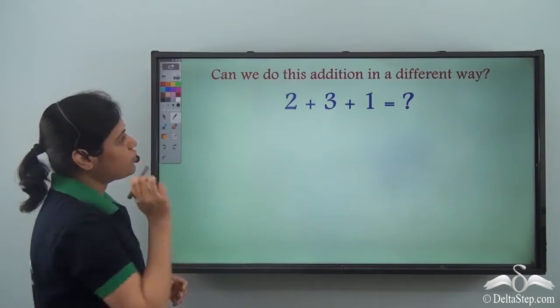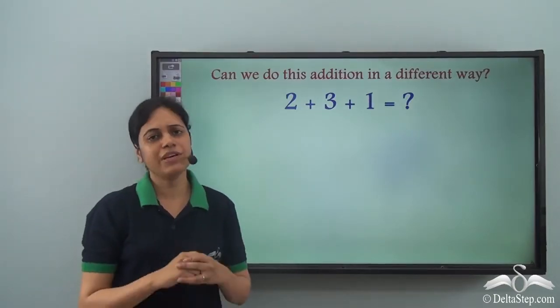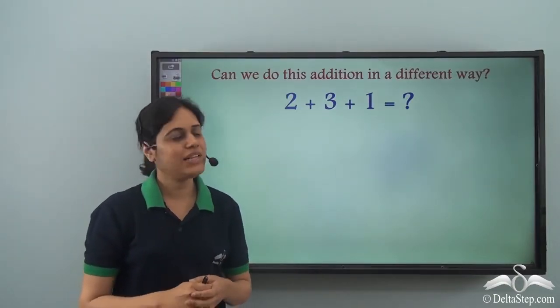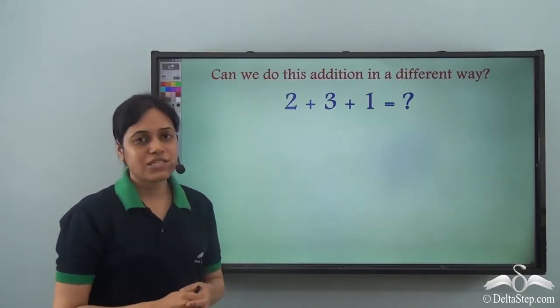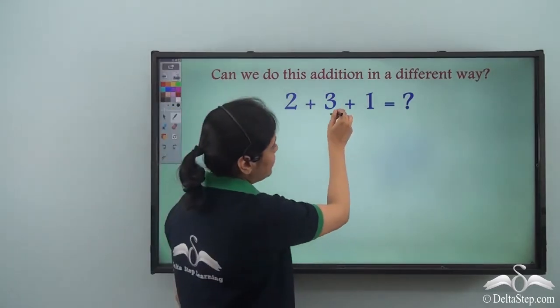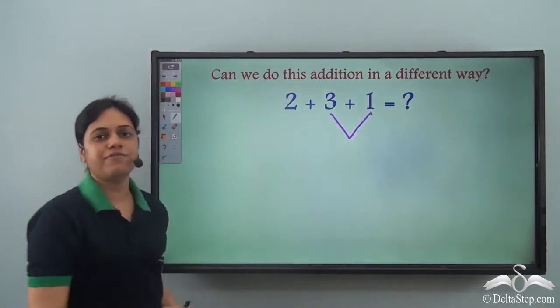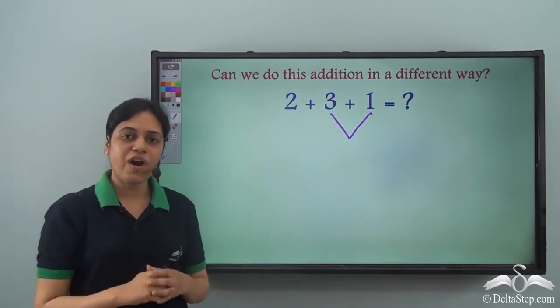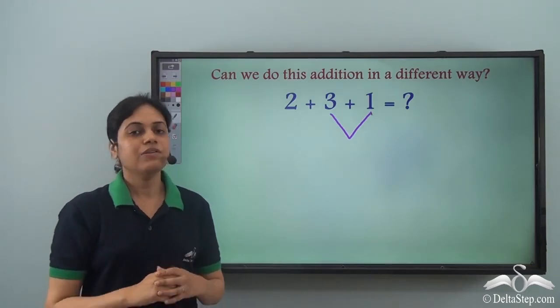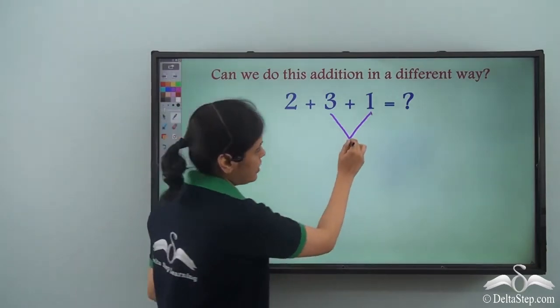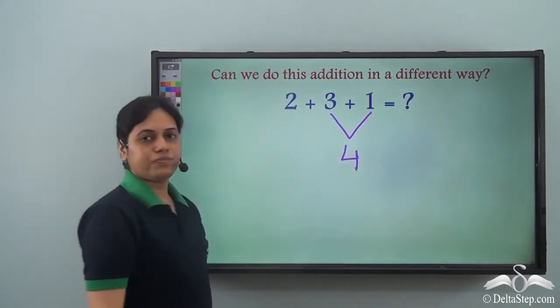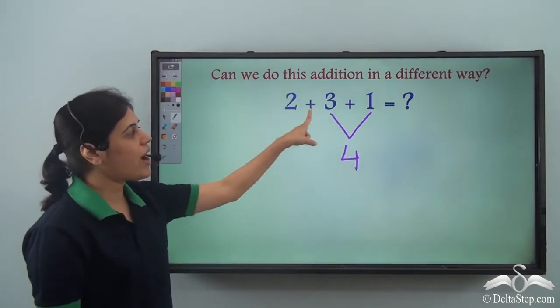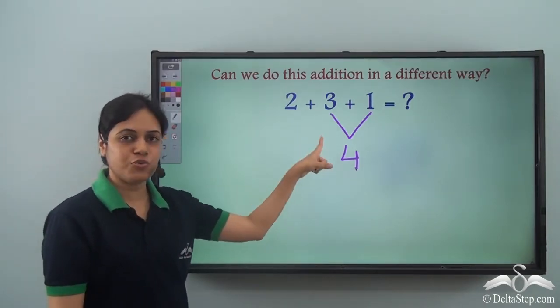Now even if we do this in a different way, will we get the same answer? Let's check. This time, let's add 3 and 1 first. So what is 1 added to 3? 1 added to 3 is 4. But I need to add the third number, which is 2.